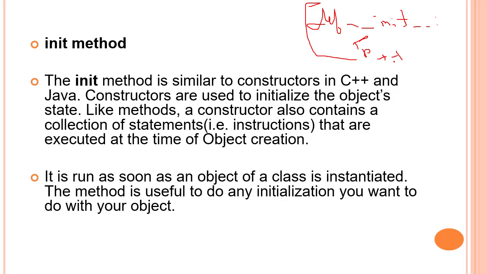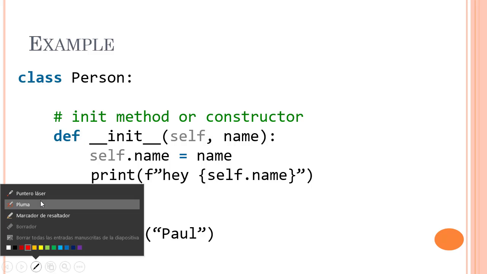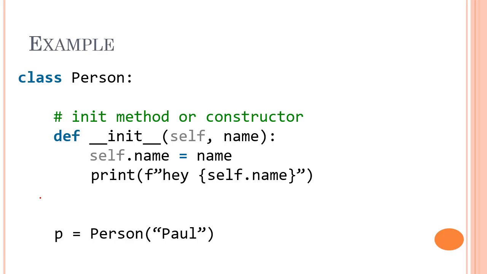Let's look into a quick example. Let's break down this example for you and then we are going to jump into Jupyter Notebook. So we have a class Person, and then we have def, then we have the init, which I've already told you is a special method, and methods are nothing but functions inside a class.